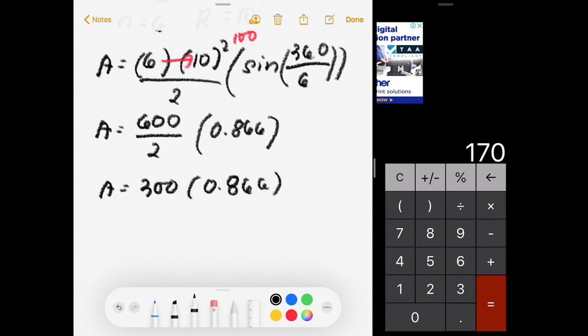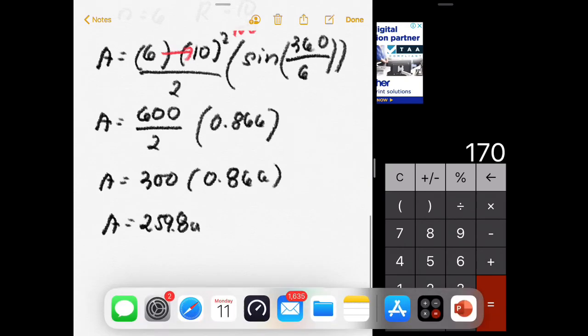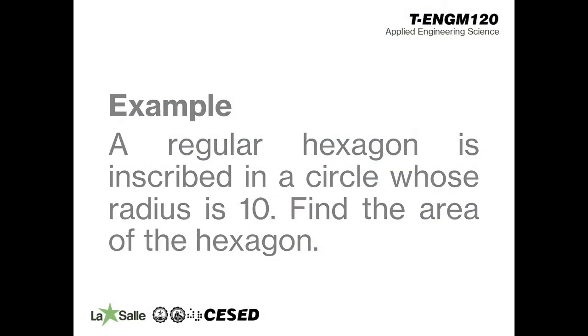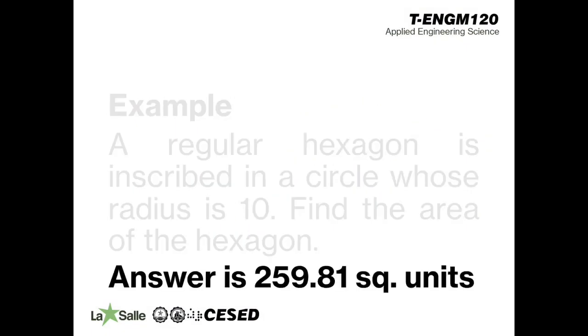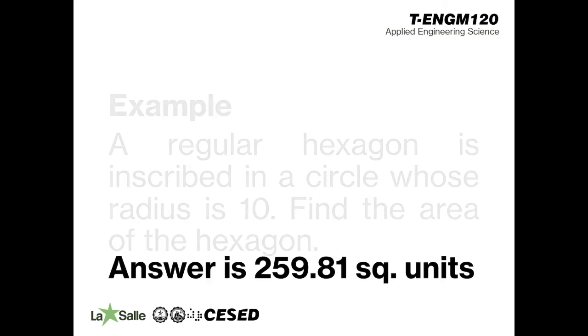Okay, so nagka-calculate ako sa tabi ko. And then we got the area of 259.8 units. So the answer should go as 259.81.